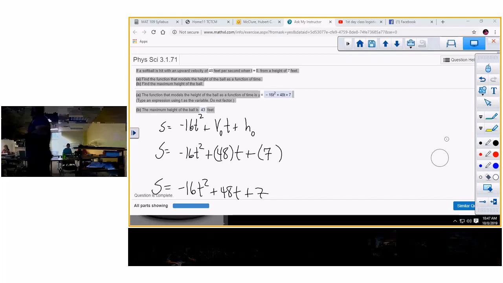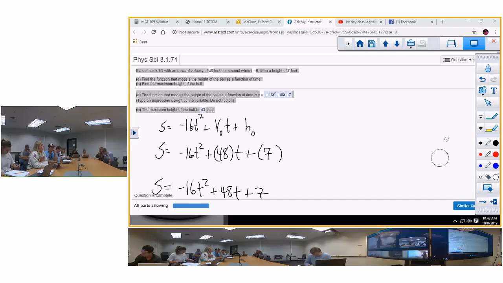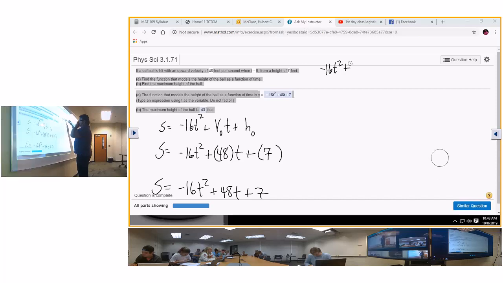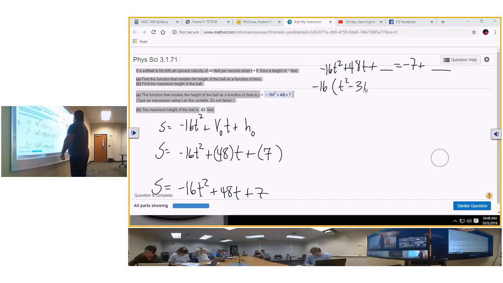So here we go. Negative 16 t squared plus 48t plus blank is equal to negative 7 plus blank. Negative 16 parentheses t squared minus 3t plus blank is equal to negative 7 plus negative 16 times blank.